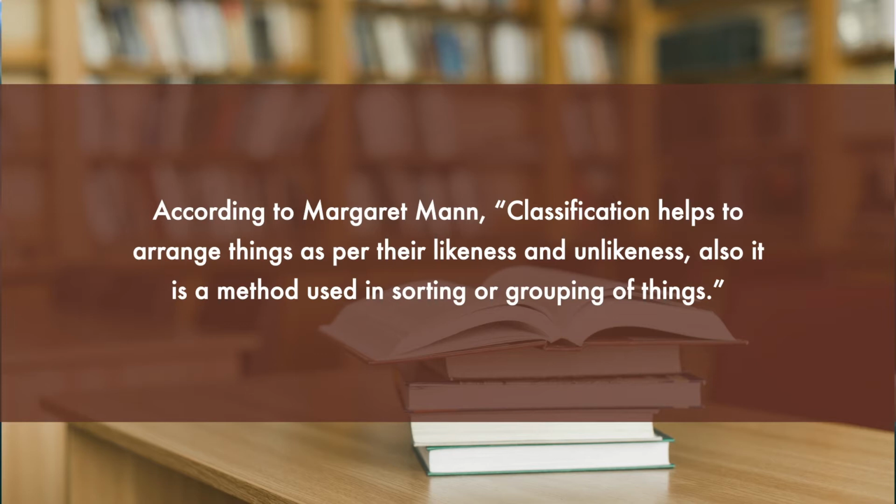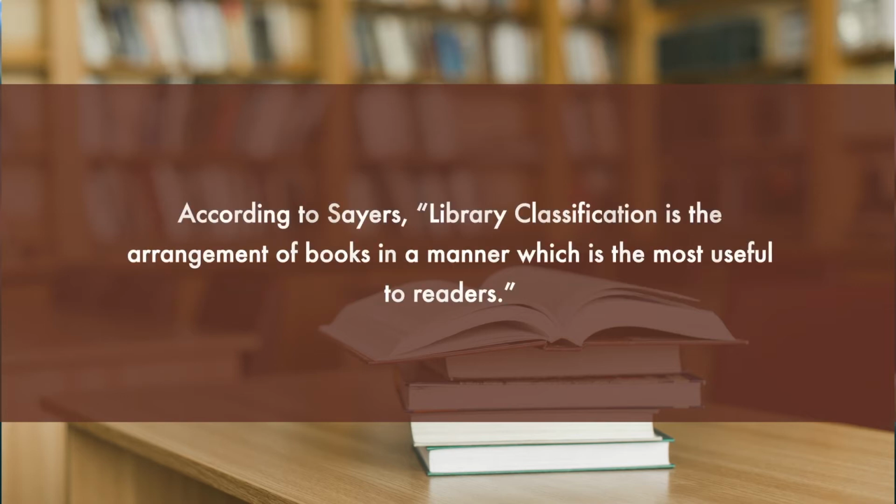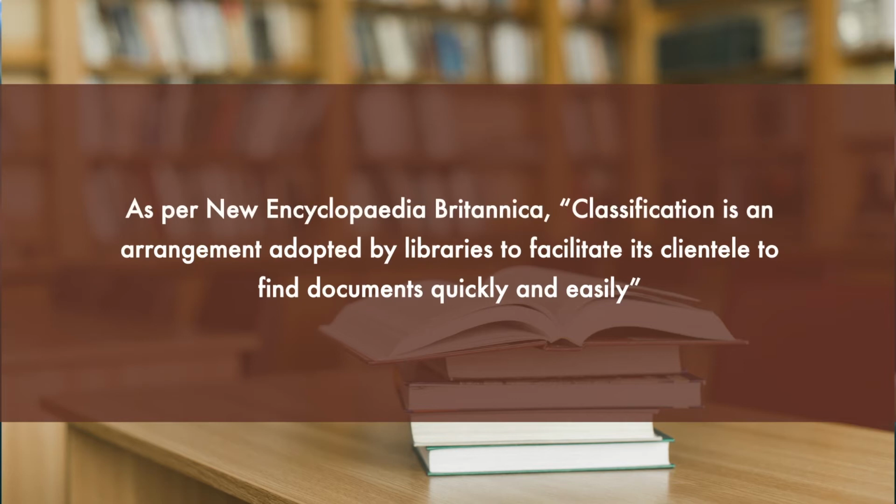Also, it is a method used in sorting or grouping of things. According to Sayers, library classification is the arrangement of books in a manner which is most useful to the readers. As per the New Encyclopedia Britannica, classification is an arrangement adopted by libraries to facilitate its clientele to find documents quickly and easily.